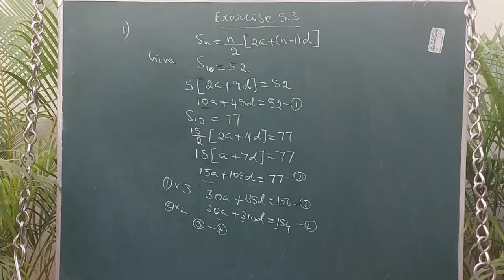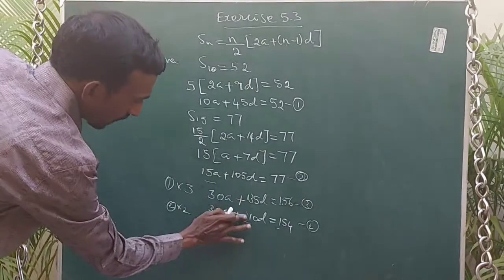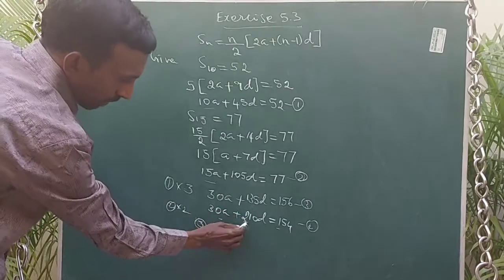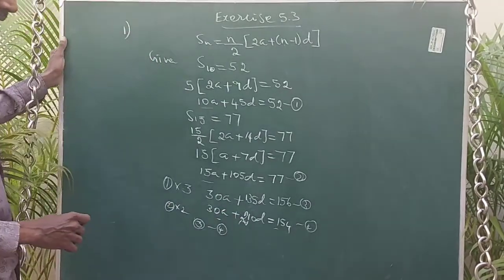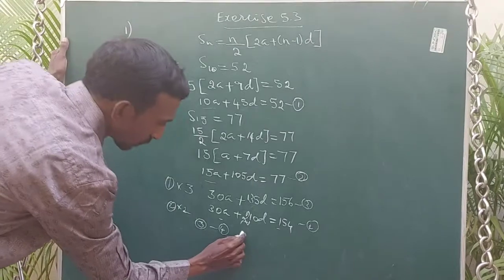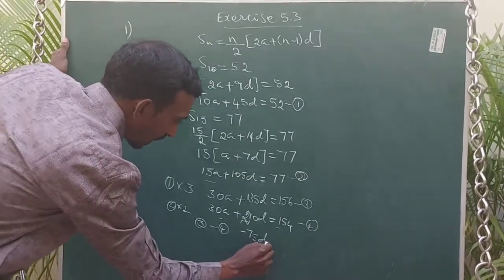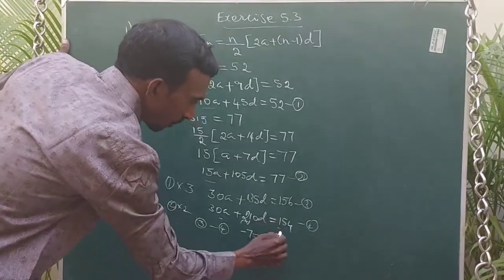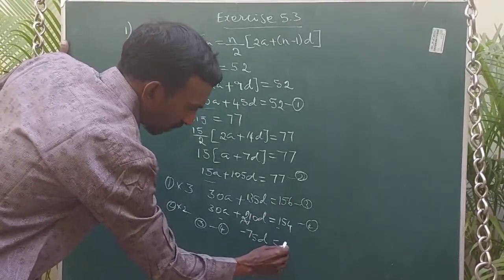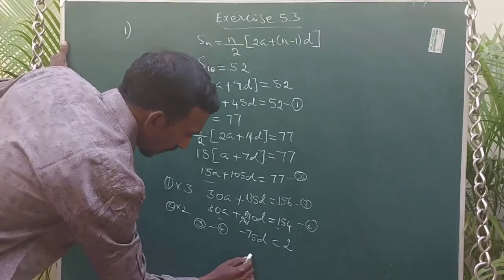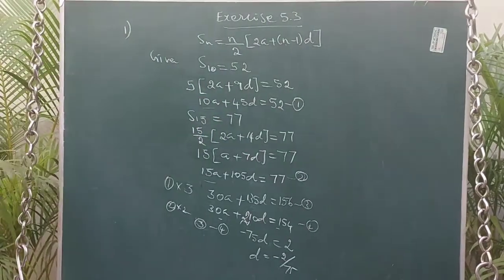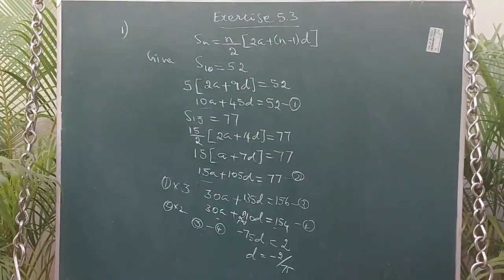If we solve, what we get? 135 minus 210 is minus 75. So minus 75d equal to 156 minus 154, so 2. So d equal to minus 2 by 75. So we are getting d equal to minus 2 by 75.